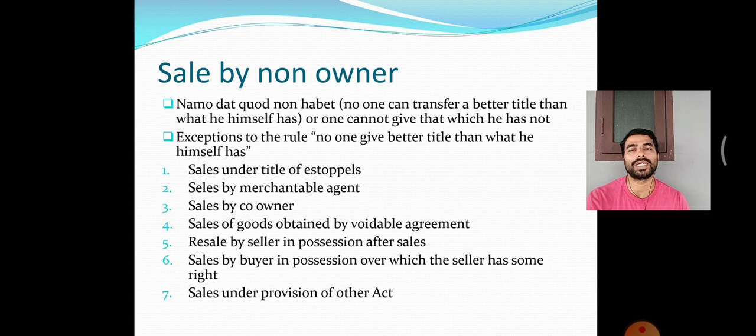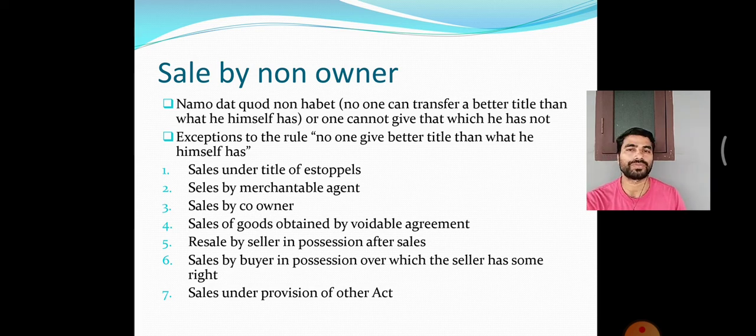Now, sales by seller in possession after sales, resale by seller in possession after sales. Let us explain this with an example. Suppose you purchased an article, anything. Suppose you purchased one bucket from a shop and you kept it there. For convenience, you went to other shops to purchase some other goods. So you kept that bucket there itself.